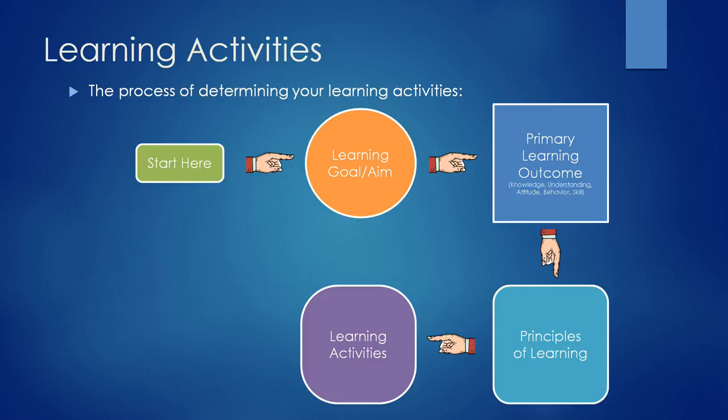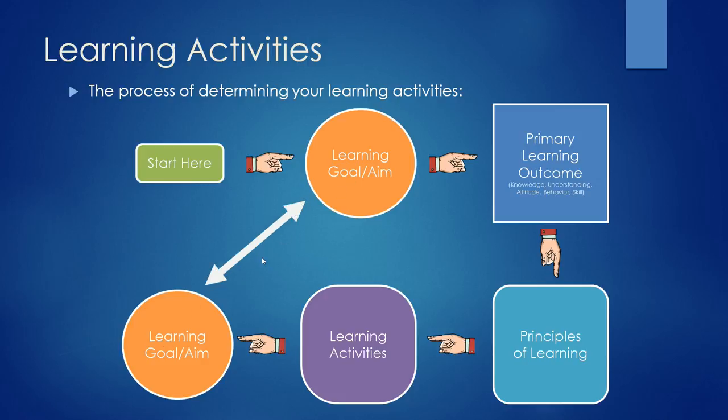But those are the kind of activities that you might use that are undergirded by specific principles that we know to be true. And then those learning activities, once they're accomplished, should lead us to the learning goal that we started with. And by the way, these goals should be the same. Whatever I end up with in the class should be the learning goal or aim that I started with, that I was trying to accomplish.